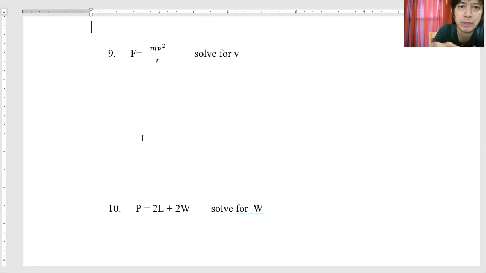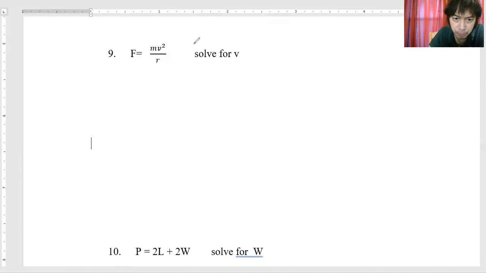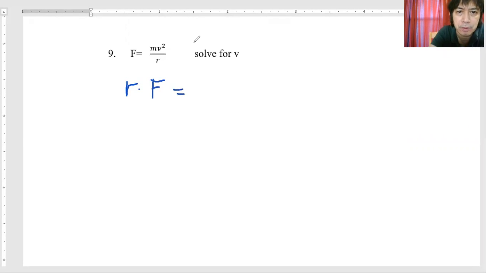So this will start with r times F is equal to r times m v squared over r. And the r divides there.